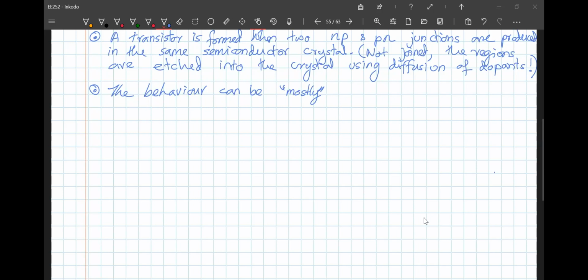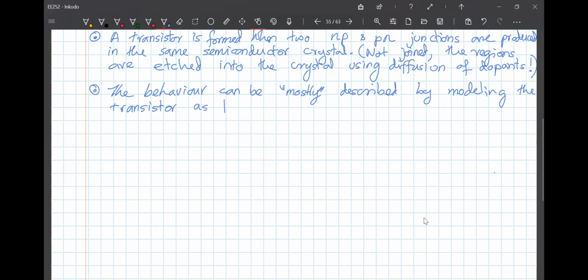Go for it. The behavior can be mostly described by modeling the transistor as two back-to-back diodes.